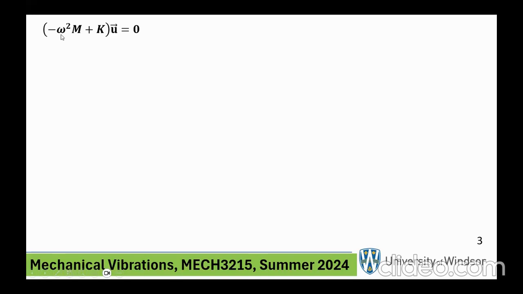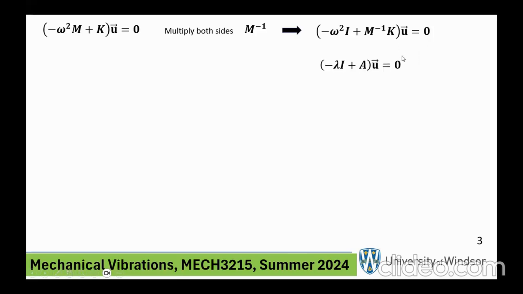that frequency. Now, what I'm going to do is multiply both sides of this equation by M inverse. If I multiply the first term by M inverse, because this is a scalar, it gives you identity. And of course, we're going to have M inverse K times u. There we are. Now, this may look familiar to you because it's the kind of thing that you did in your linear algebra class.